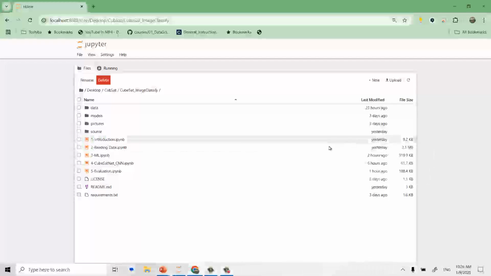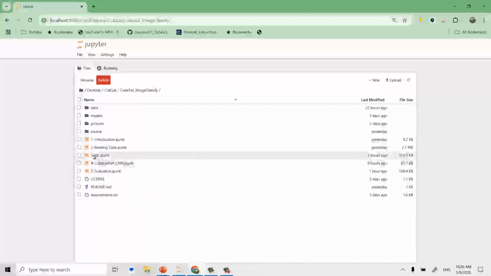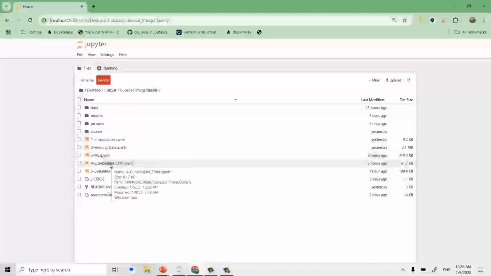Now I can say that the two Jupyter notebooks that you were given, which we have here, ML.ipynb and CubeSat, are two examples that show the extreme ends of algorithms. Notebook 3 gives a very simple algorithm that underperforms, and the CubeSat gives a much more complicated algorithm that is probably too complicated.